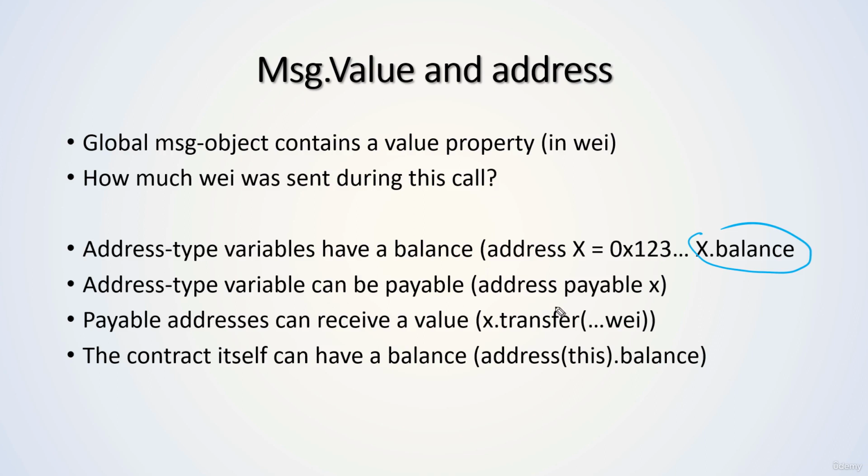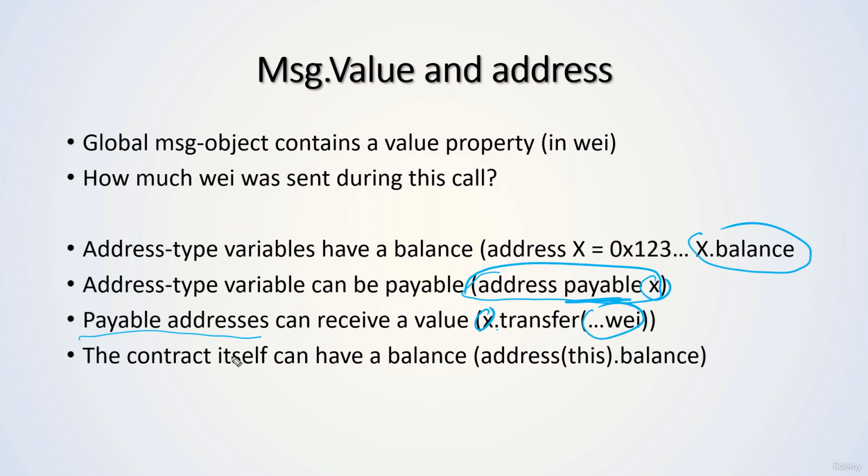An address type can be payable, so you would have to define this with a payable modifier on the actual variable type. Payable addresses can receive a value, so if this would be an address payable variable named x, then you can do x.transfer, and that one is in wei. It's not in ETH.